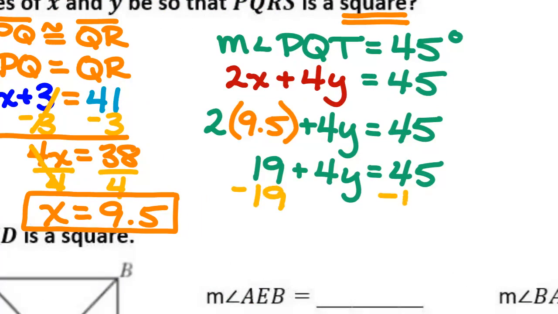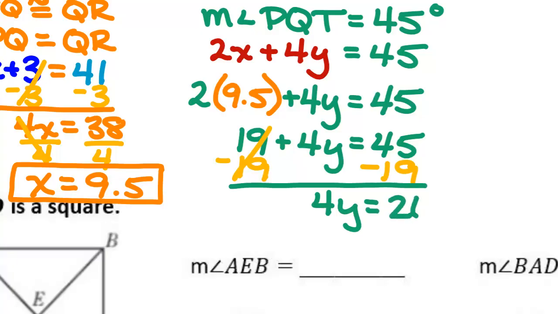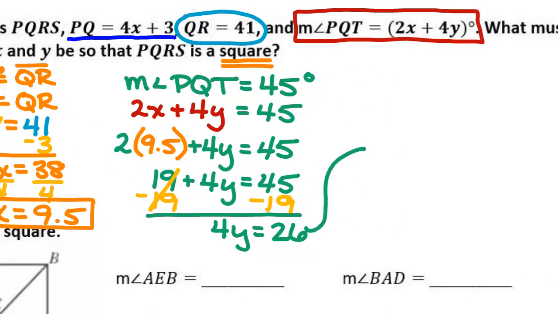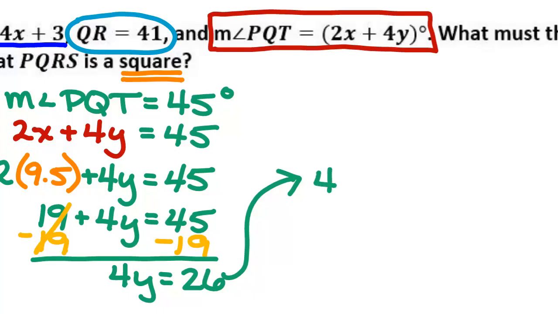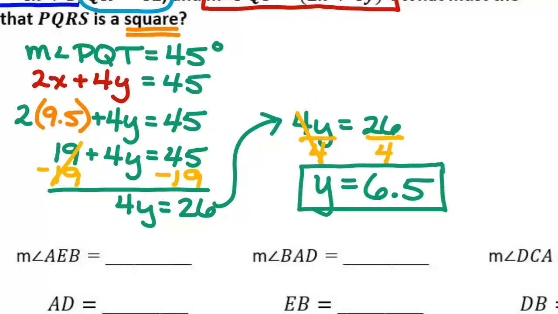Subtract 19 from both sides. What is 45 minus 19? 26. So 4y equals 26. We're going to divide both sides by 4. Does 4 go evenly into 26? No. Does it come out as an okay decimal? Yes. What do you get? 6.5. Or you can leave that in fraction form as 13 over 2.